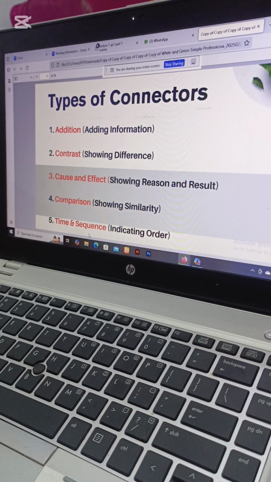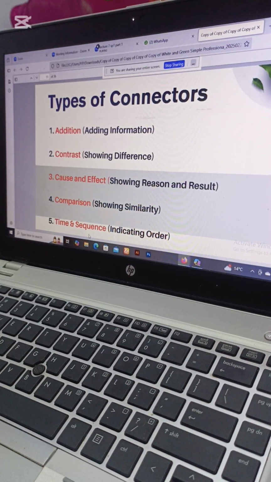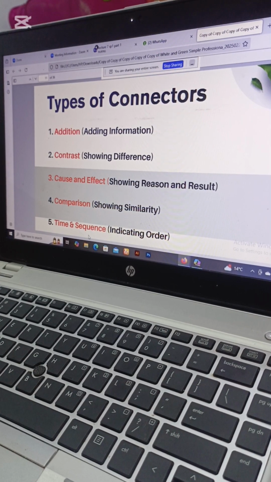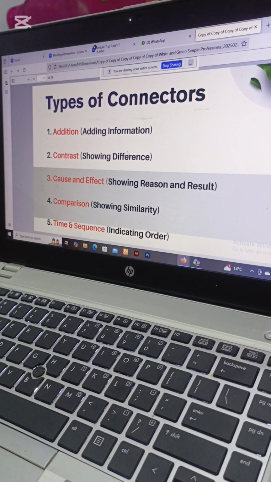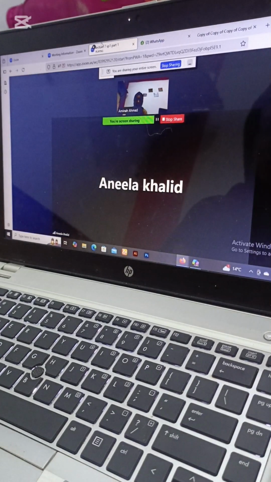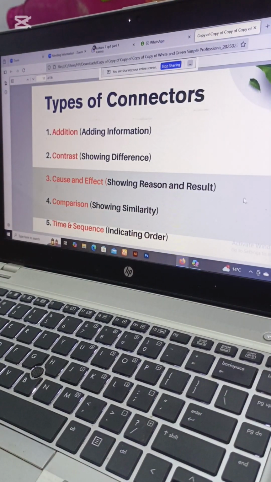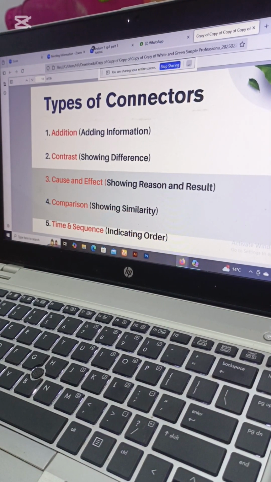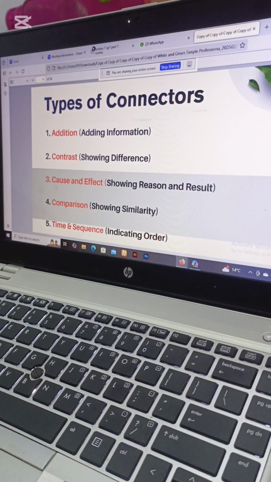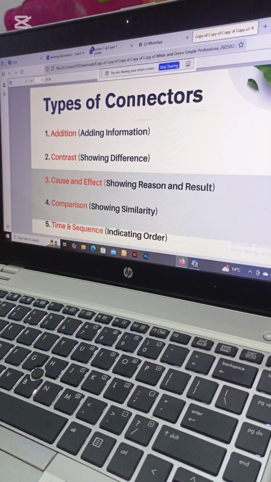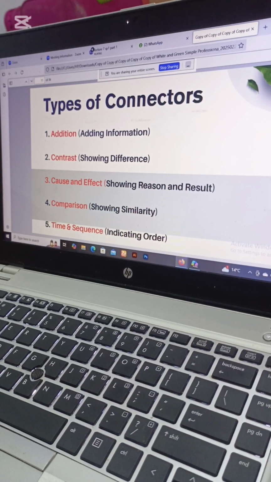In contrast to, similarly, this type of words, I guess. Yes, of course. Similarly. So time and sequence. Do you have any word for it? Since. Good.